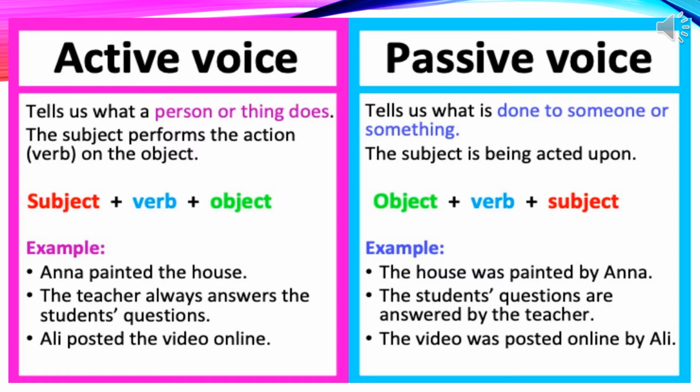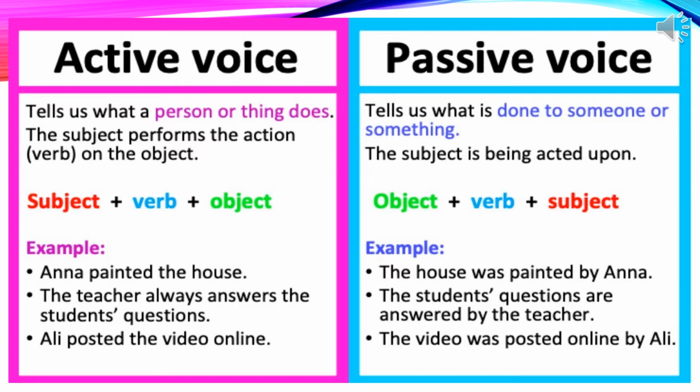See the examples. The house was painted by Anna. So here the house, that is a subject, is the object in active voice. Here it came as a subject. The house was painted by Anna. Then, the students' questions are answered by the teacher.